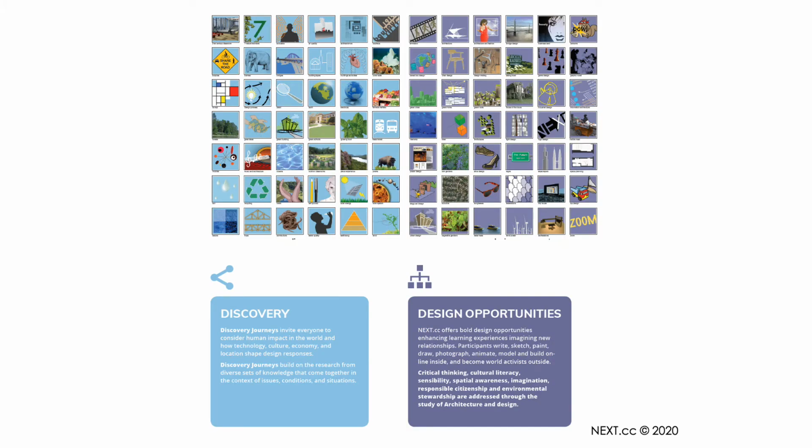Next introduces systems thinking or discovery of how bodies and fields of information and knowledge interact and influence each other. And then finally, design opportunities, what humans create and bring into the world of nature.